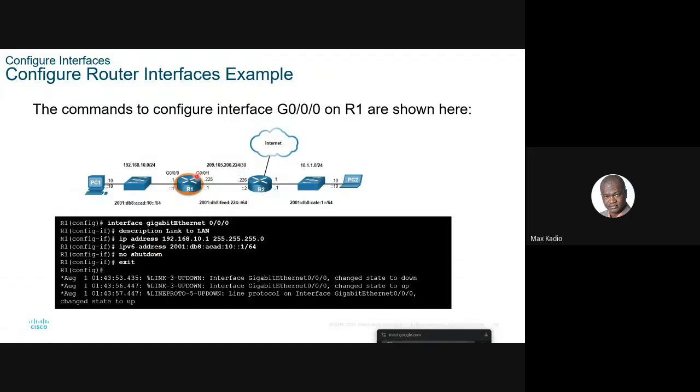And this is an example of configuration on R1. We go to interface G000. Description, you see here, link to LAN 1, facing the LAN. IP address, IPv4, IPv6 address, you should know, we did that. We did chapter 12. No shutdown.